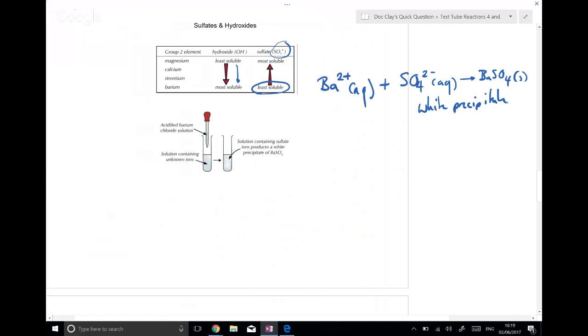Remember, if we form any solid in a reaction, we describe that as forming a precipitate with a color. If we observe a precipitate that dissolves, we say it redissolves into a solution, and then we might give it a color.